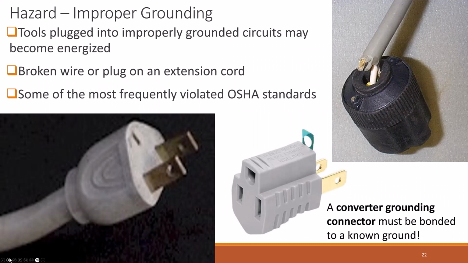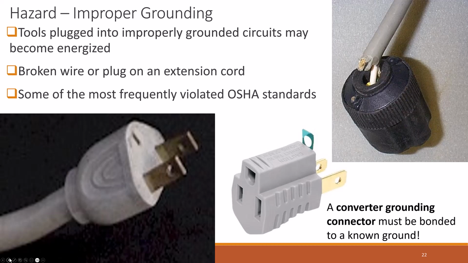When you go and defeat the grounding that we've been talking about, you are defeating a major safety feature of 3-wire grounding. When you got a 3-prong plug, it is designed to have those 3 prongs. So when you go remove the grounding point, like you see in this left-hand picture, that's not good. And yes, you can use a converter, converter grounding connector, like this one item in the middle here of the page.